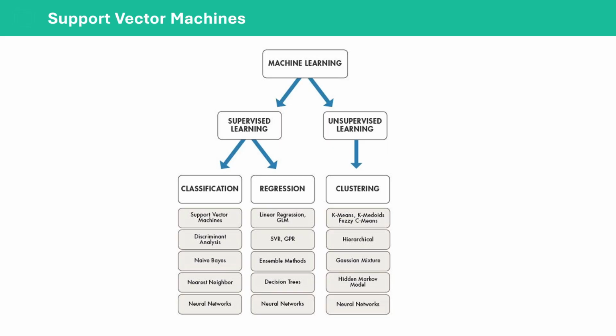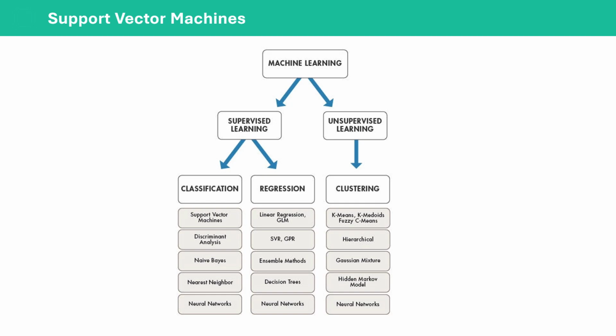Okay, so at this point, I would like us to zoom out, okay? Machine learning splits broadly into supervised and unsupervised learning, as we covered in a previous lesson. And support vector machine lives firmly in supervised learning under classification.